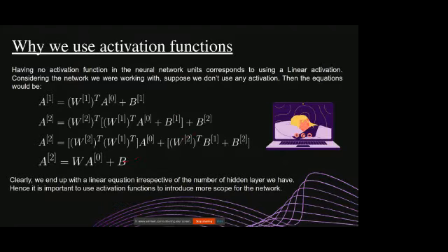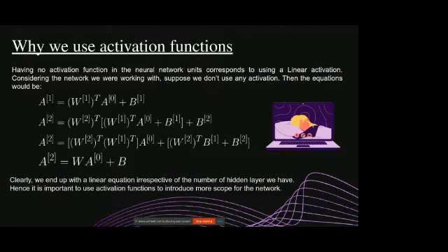If you look closely, you can multiply these two weight matrices and get a single weight matrix because it's just weights, no matter how many, and you are multiplying them. Similarly, if you look at the second term, these last two terms are just weights and biases, which can again be taken as a single bias.